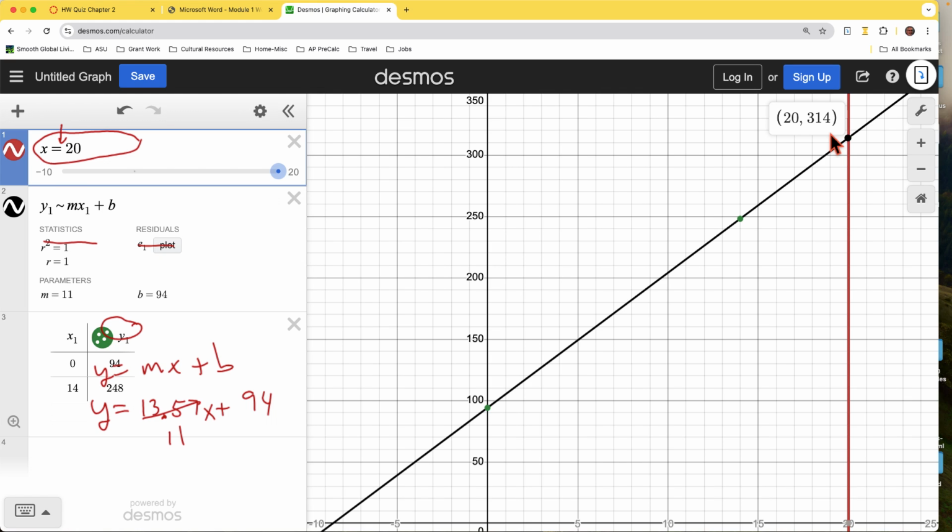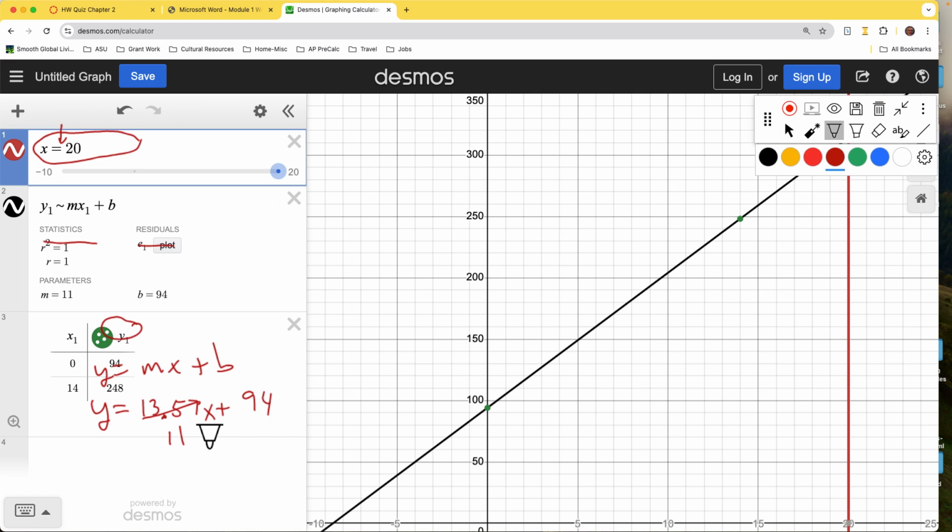I could have also put the 20 in for x and used the equation. Let me do that here, and I'll show you we get the same thing. So I could have taken this equation, c equals 11x plus 94.